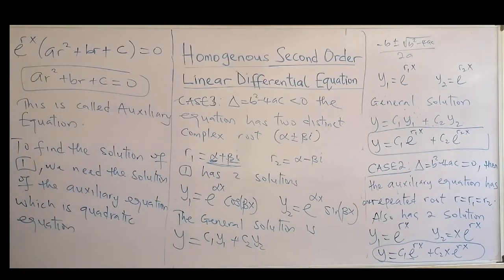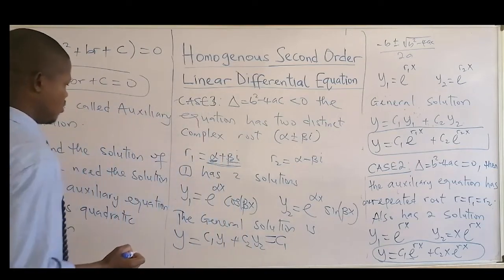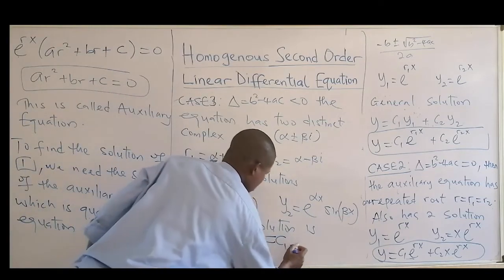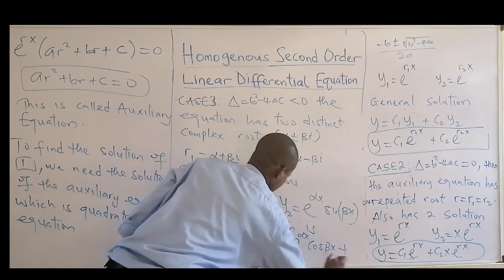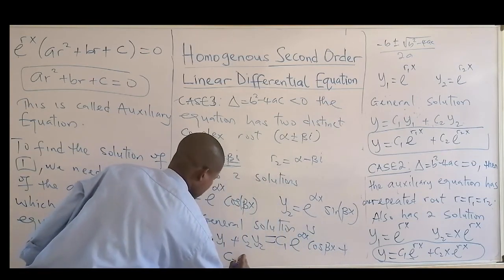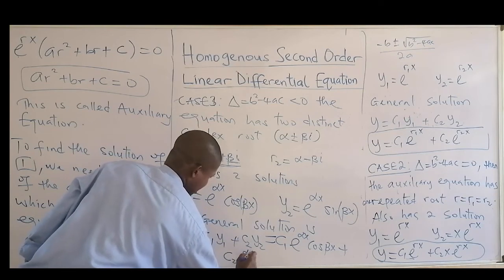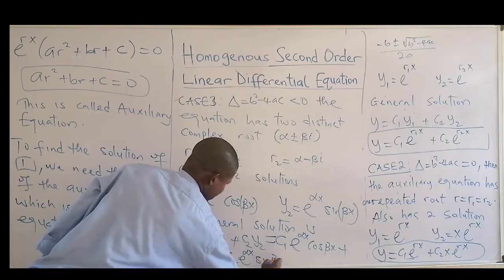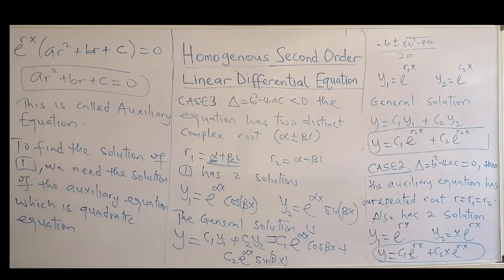We can plug in those values, and that will be equal to c1 e to the alpha x cos beta x plus c2 e to the alpha x sine beta x. So that's that on those three cases.